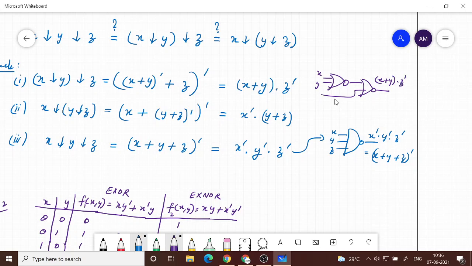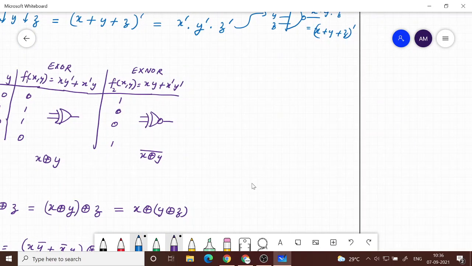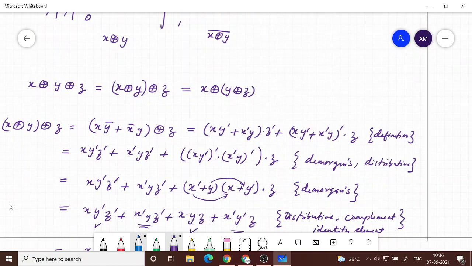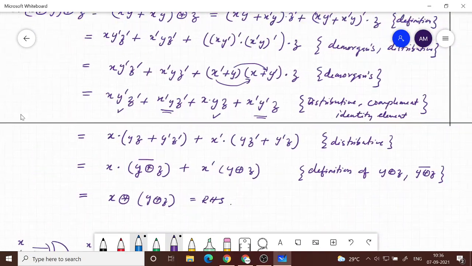What is that? Okay, so which is very different, and similarly here also something else. So they are not the same. They are not equal. Whereas here we have all the things equal.